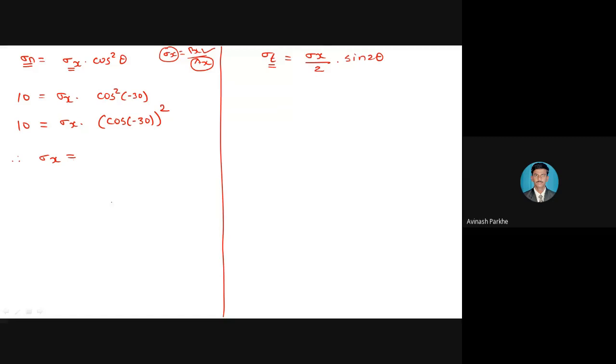Yes, 13.33. Correct. Now I hope everyone has understood the calculation of cos square theta. You have to take this cos minus 30 inside the bracket and take the square of the whole bracket. Then you will get the correct answer.